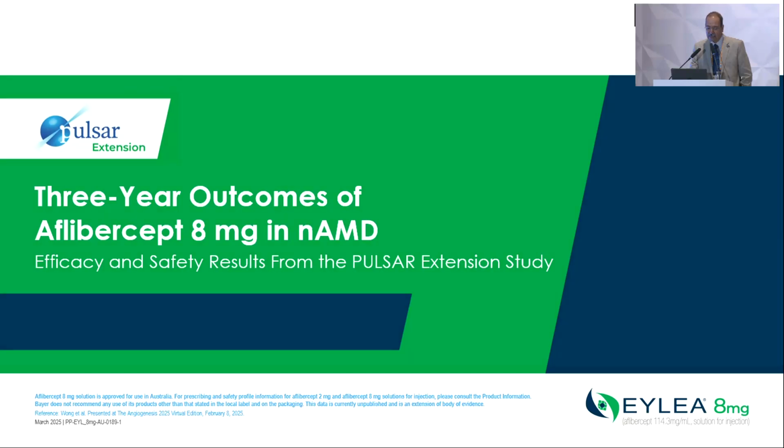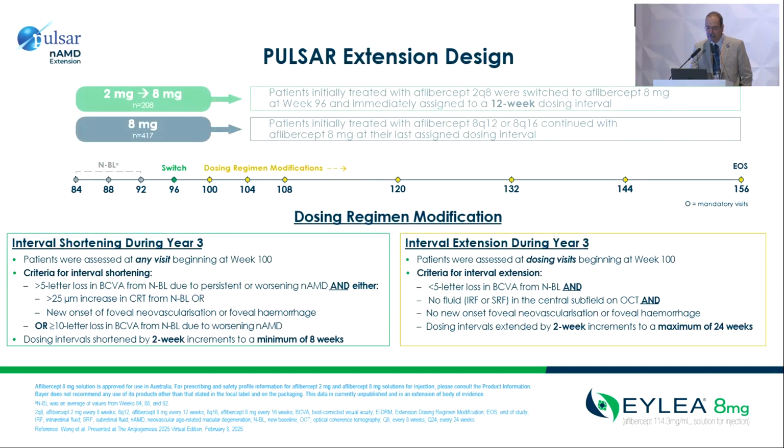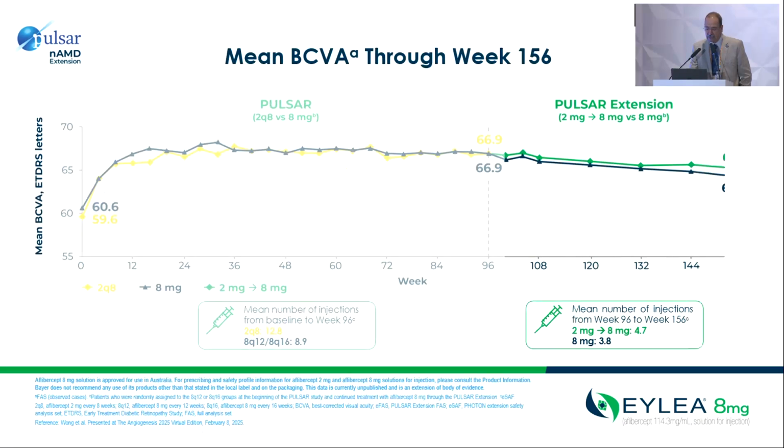When we look at the extension, which means what happens after this formal study is over and then you go on to 156 weeks, and those people comparing 2 milligrams with 8 milligrams, when at the switchover at 96 weeks, if you switch from 2 to 8 milligrams, it certainly does provide an advantage to those people who are in the lower dose group.